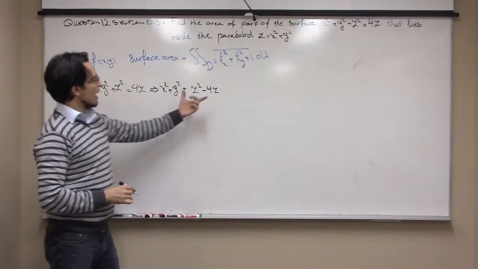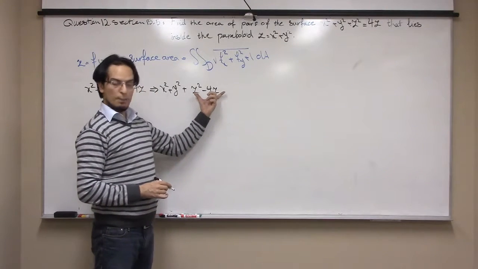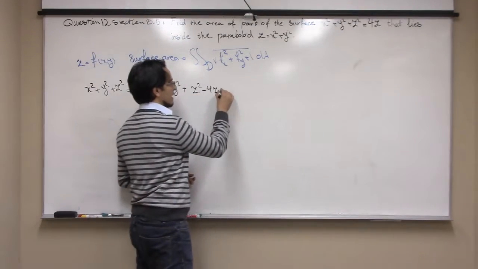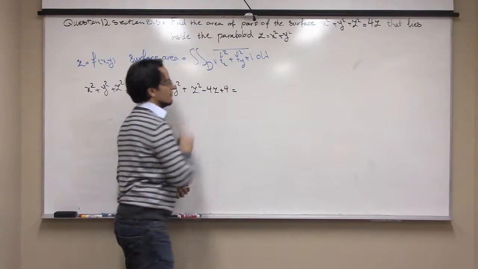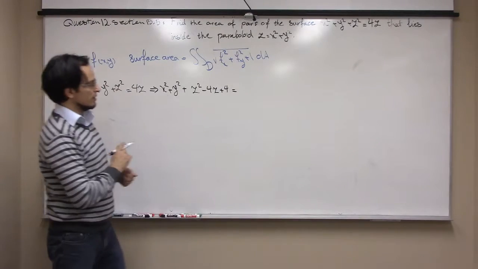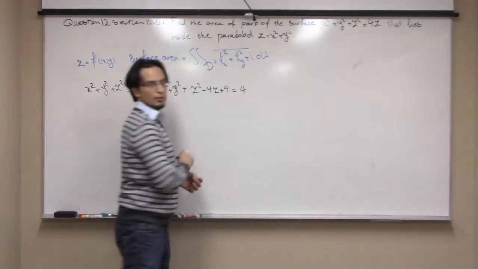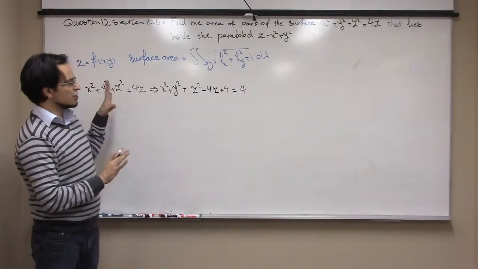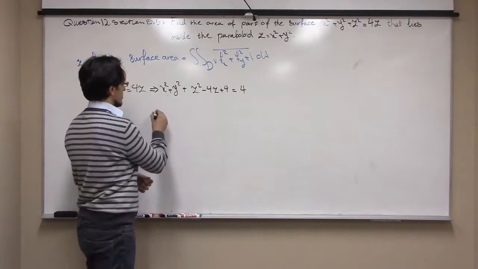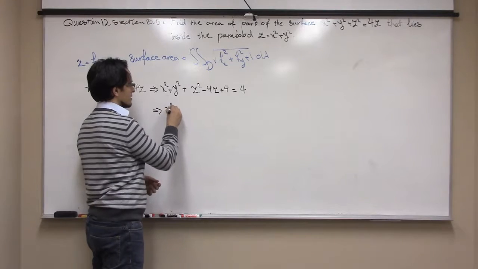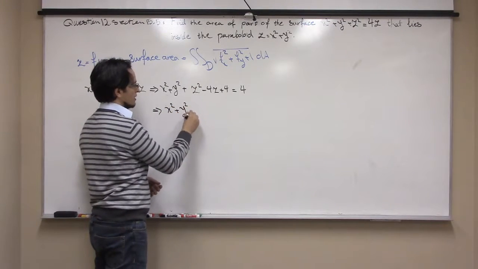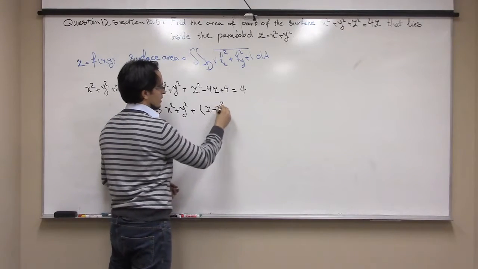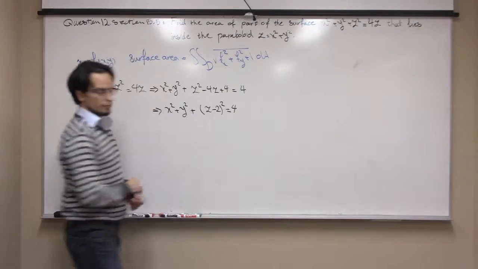Then I want a complete square for this term, so I add 4 to the left hand side of the equation and another 4 to the right hand side. Basically I haven't changed the equation, but now I can write x squared plus y squared plus z minus 2 squared equals 4.